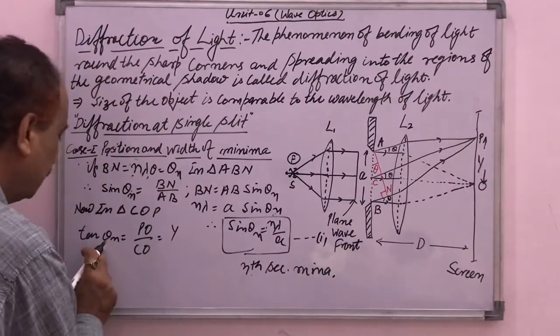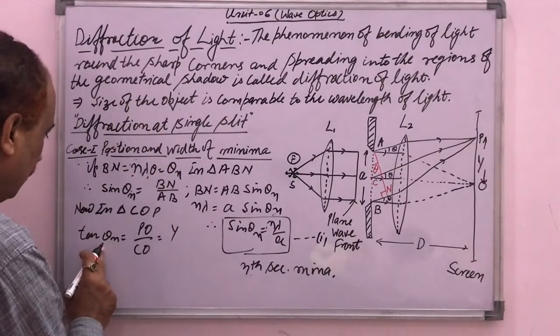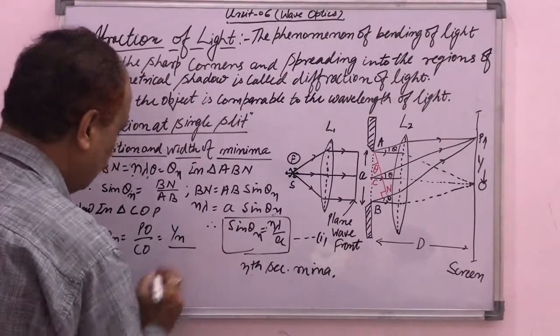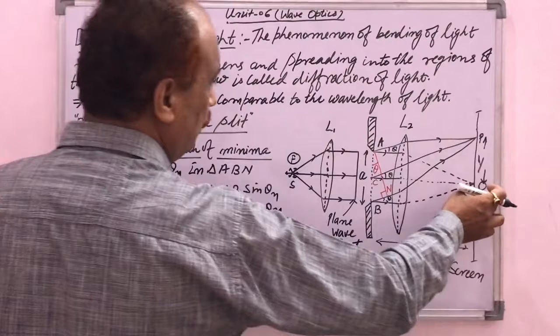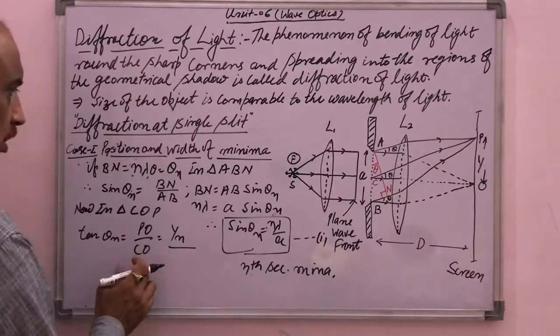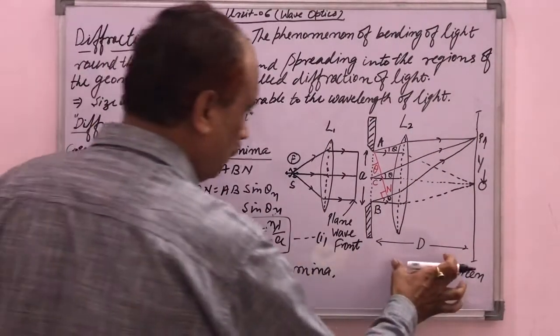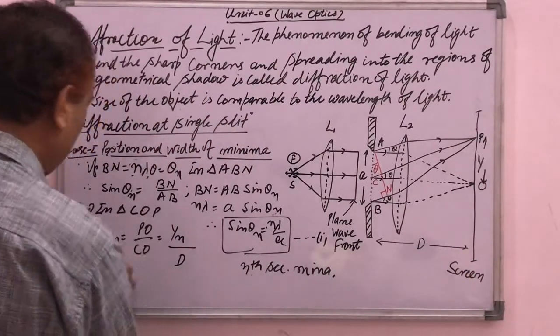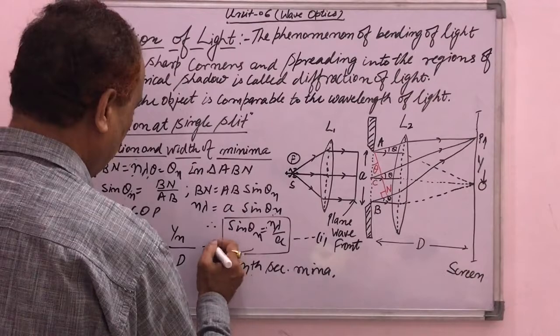So for the nth dark band, the distance will be equal to yn from the point O to P, and CO is equal to the distance D between the slit and the screen, capital D. So similarly we have to find out tan theta n, say it is equation number 2.